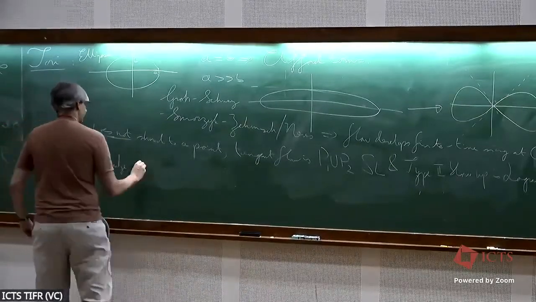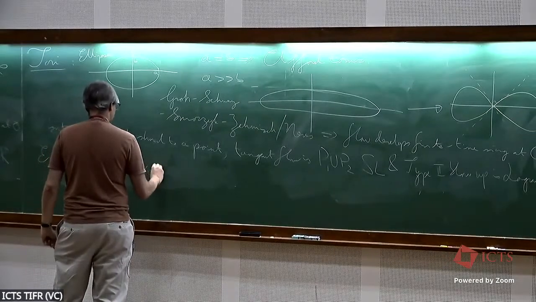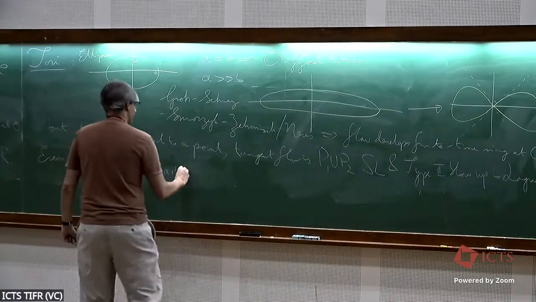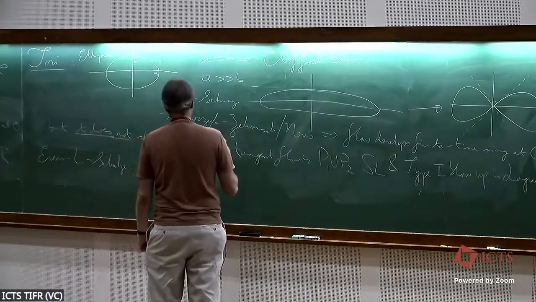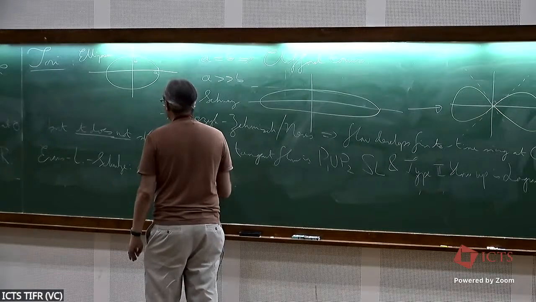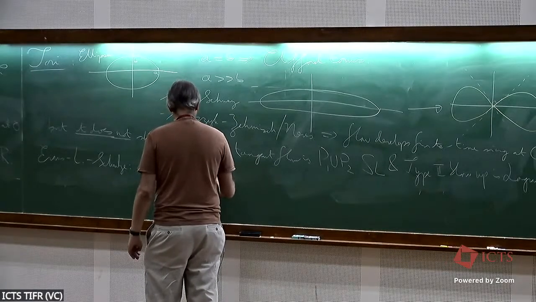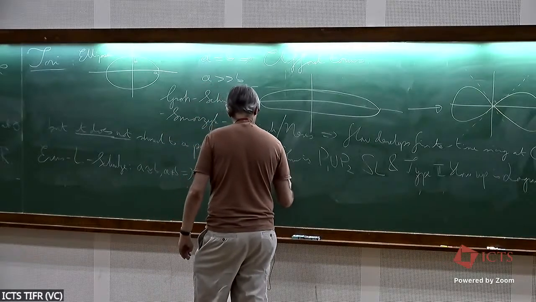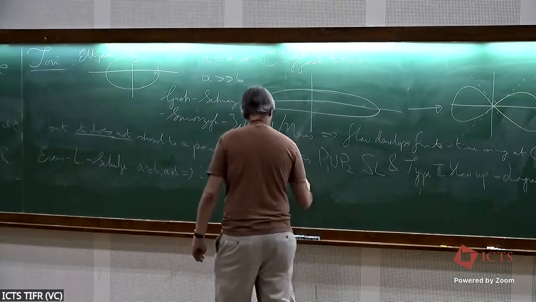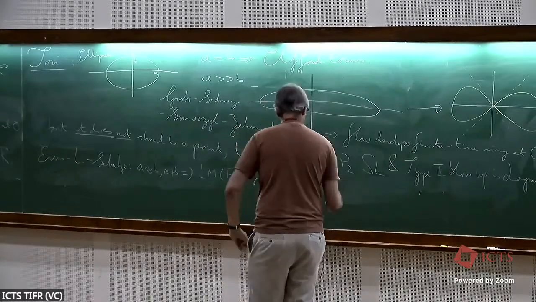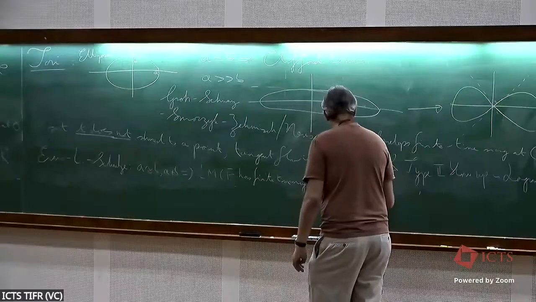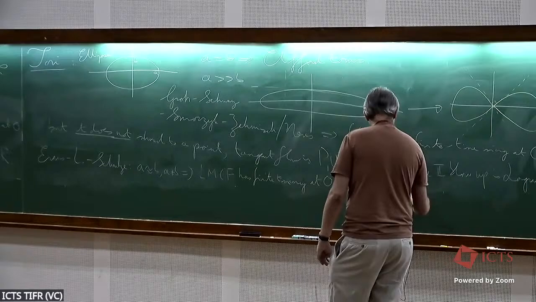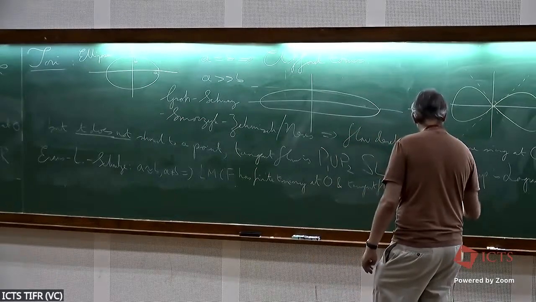And we showed that if A is about the same as B, doesn't matter how close, but A is not equal to B, then LMCF has a finite time singularity at 0, and the tangent flow is not the Clifford torus.